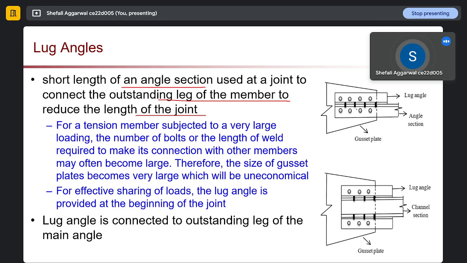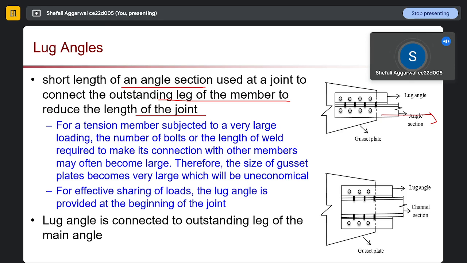To reduce the length of this joint, we add one more extra angle, called a lug angle. It reduces the length of the joint between our angle section and gusset plate. It takes the extra stresses and reduces the amount of angle section which is to be connected to our gusset plate.